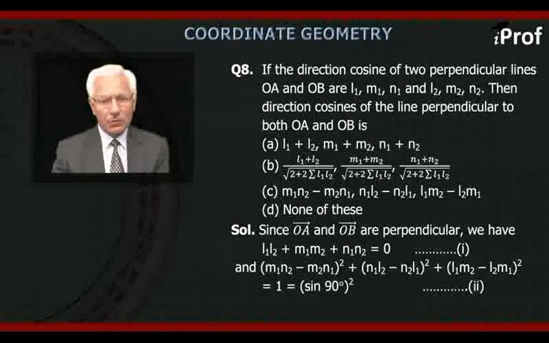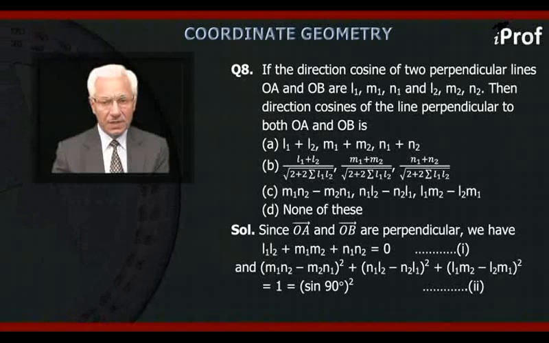If the direction cosines of two perpendicular lines OA and OB are l1, m1, n1 and l2, m2, n2, then the direction cosines of the line perpendicular to both OA and OB are: first option, l1 + l2, m1 + m2, n1 + n2; second option, (l1 + l2)/√(2 + 2Σl1l2), (m1 + m2)/√(2 + 2Σl1l2), and (n1 + n2)/√(2 + 2Σl1l2).